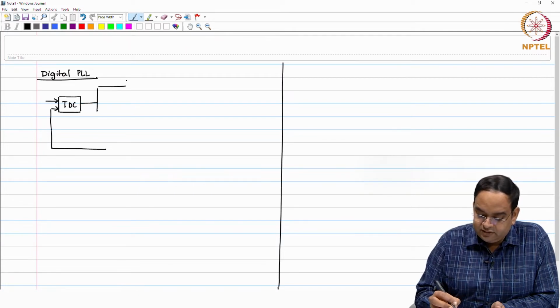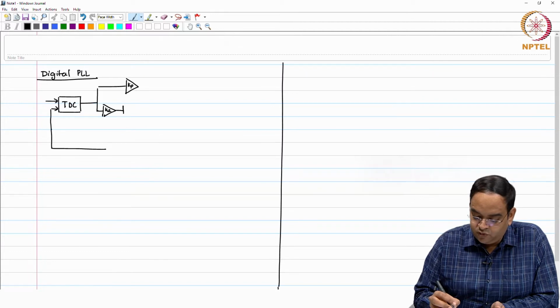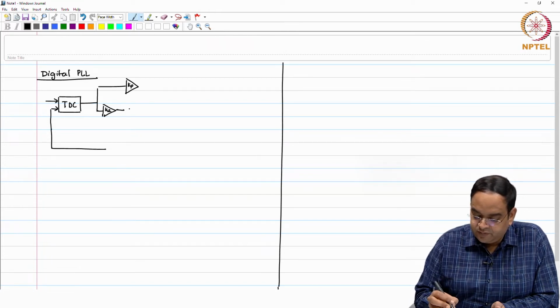which has the gain of proportional path Kp and the integral path gain Ki, and here you feed it to an accumulator. I will write that with its small signal diagram, or the block diagram.